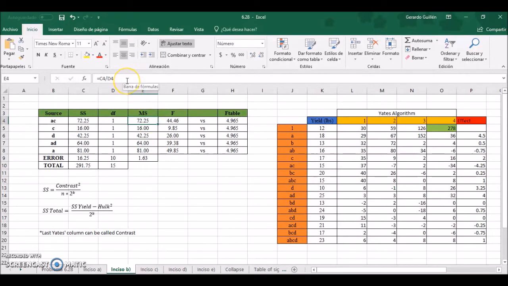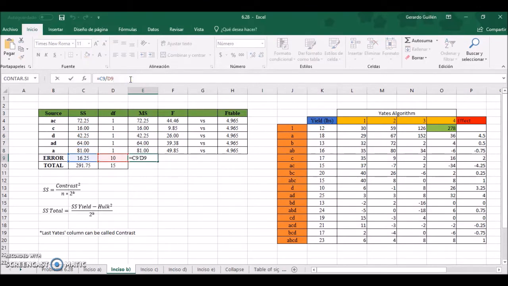To get the MS, we are going to divide the sum of the squares of the source over its degrees of freedom.